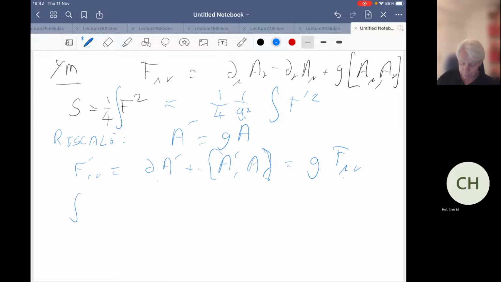And then in the functional integral, we can write it as dA prime e to the i 1 over g squared, and there's the usual h bar, then the integral of F prime squared.